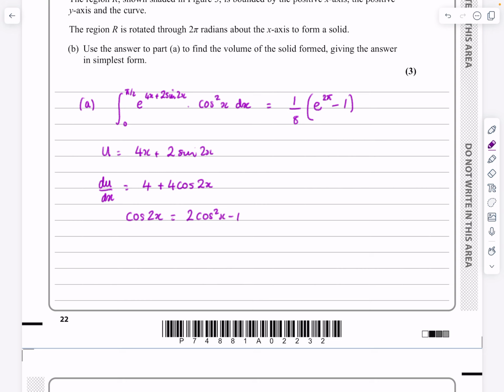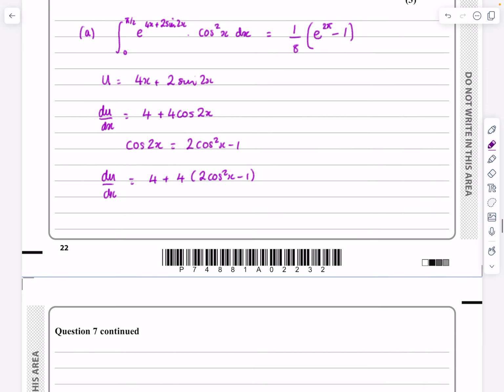So if I've got 4 plus 4 cos 2x, then I'm now going to see what this all simplifies out to. So du by dx is going to be 4 plus 4 lots of 2 cos squared x minus 1, which is then 4 plus 8 cos squared x minus 4. Oh, brilliant. Yeah, that's exactly what I was hoping to get. It's got a cos squared x in there.